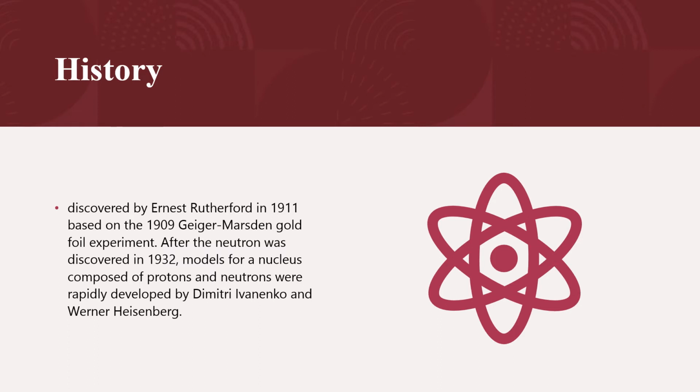Knowing that atoms are electrically neutral, Thomson postulated that there must be a positive charge as well. In his plum pudding model, Thomson suggests that an atom consists of negative electrons randomly scattered within a sphere of positive charge. Then the scientist Ernest Rutherford and his team tested it.